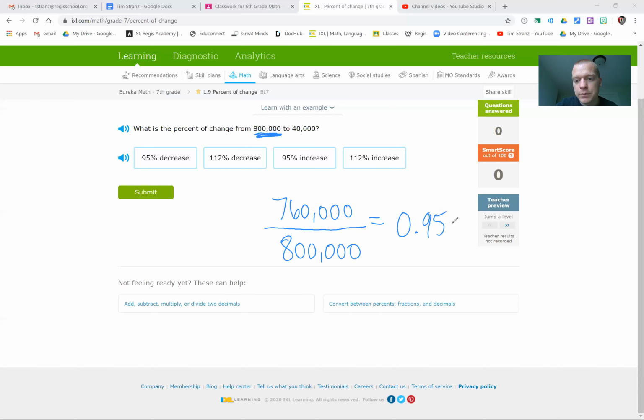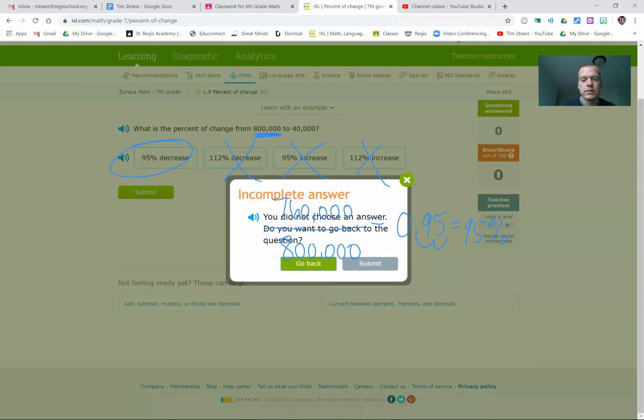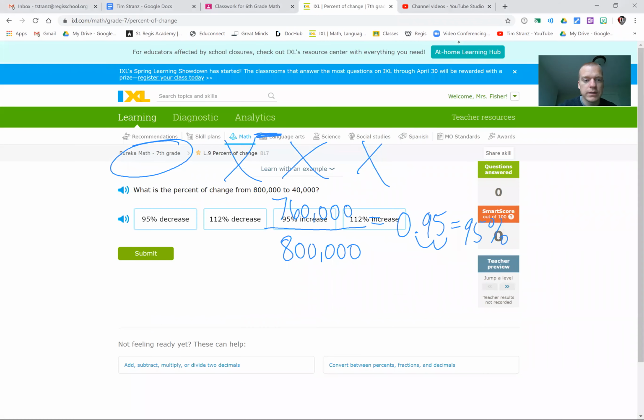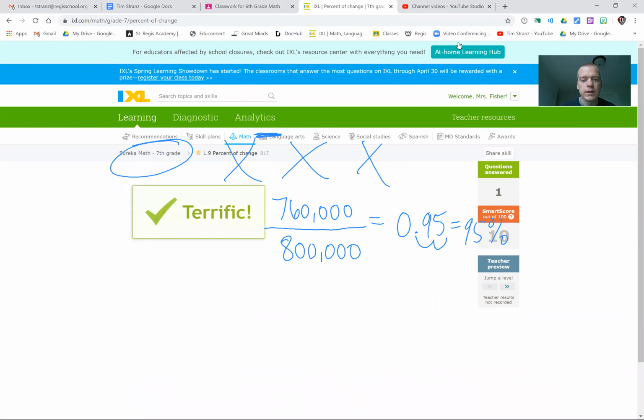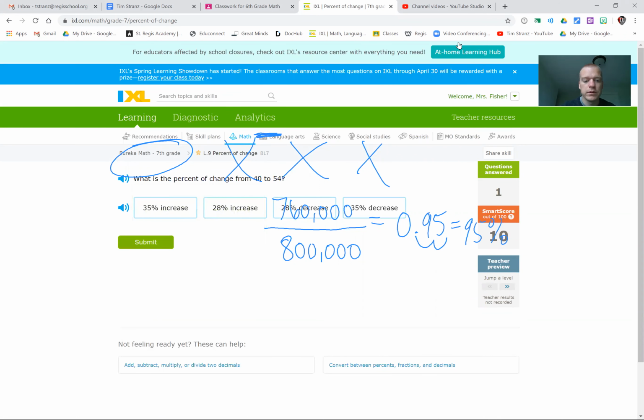And percent-wise, that is 95%. You know it is a 95% decrease because the number is going down. So it's not an increase, right? Okay, let's look at another one.